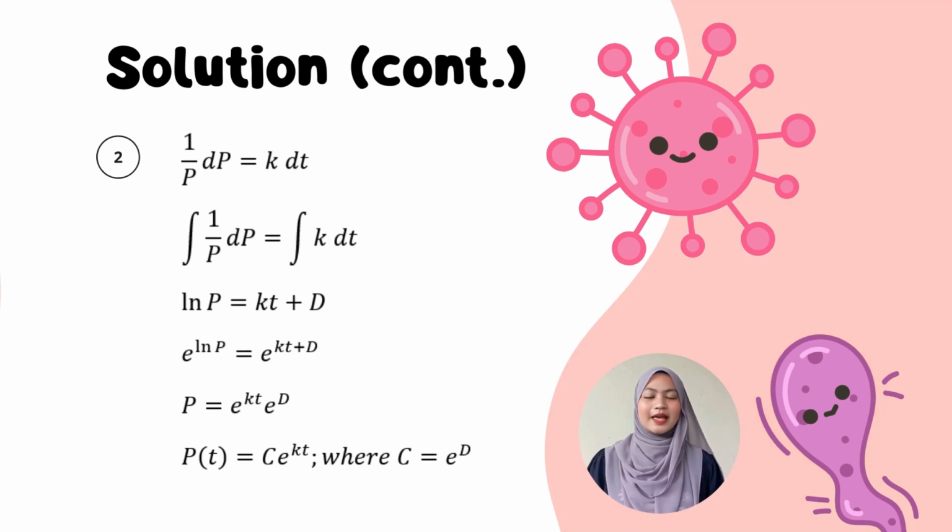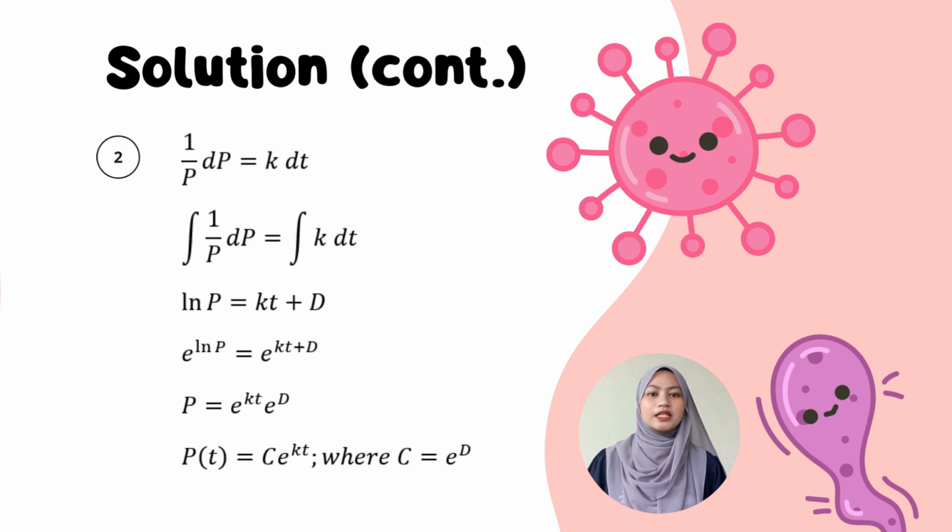For the second step, we need to separate the variables into 1 over P dP equals k dt. After that, we need to integrate it, and the equation will be ln P equals kt plus d. After that, we take the exponential, and the equation will be e to the power of ln P equals e to the power of kt plus d.